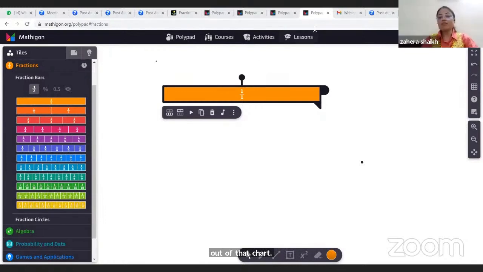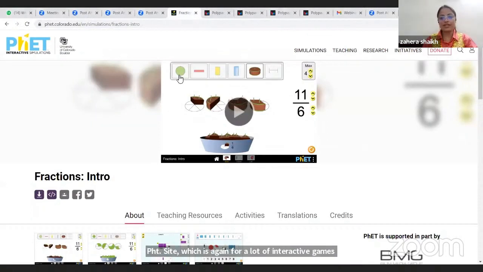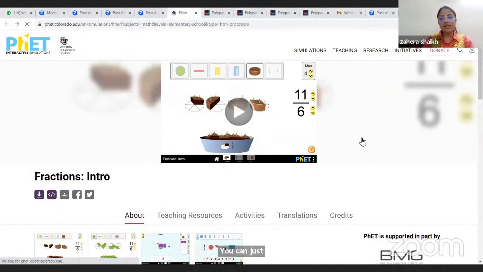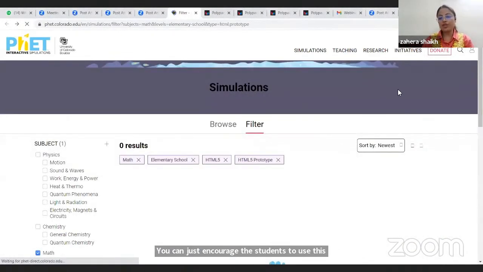Yes, yes. Suppose after you have done these exercises, you may use this PhET site, which again has a lot of interactive games and simulations for the concepts that you can provide. You can encourage the students to use this site as well, PhET simulation, right?